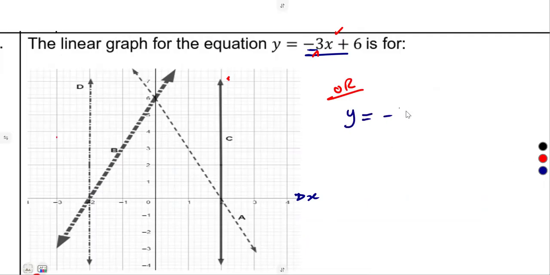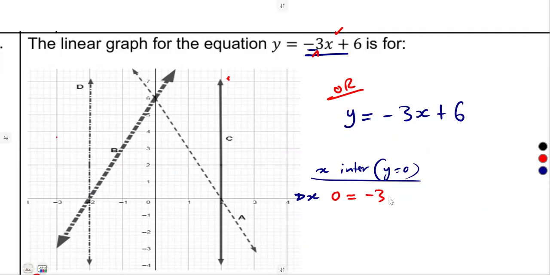Since y is equal to minus 3x plus 6, we do understand that the x-intercept is on a condition where y is equal to 0. So find the x-intercept. When y is 0, place 0 there. So that's 0 is equal to minus 3x plus 6.